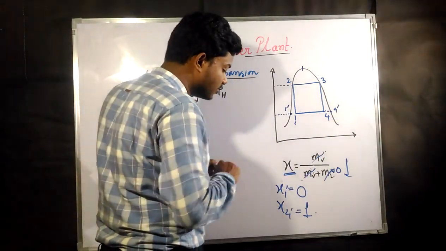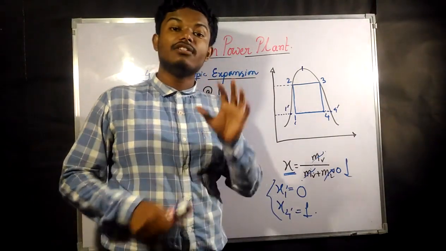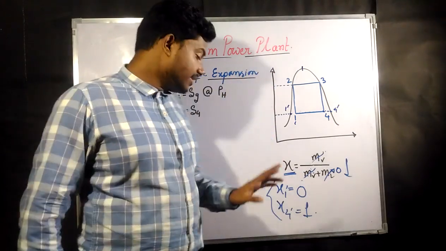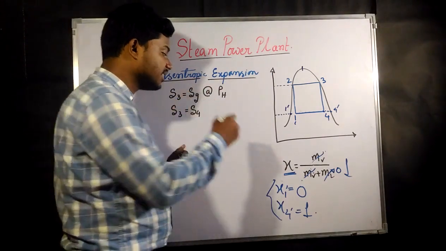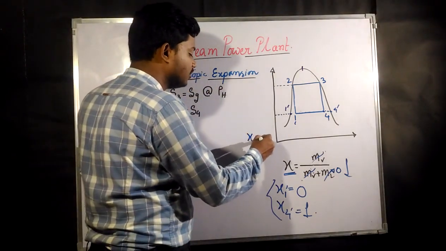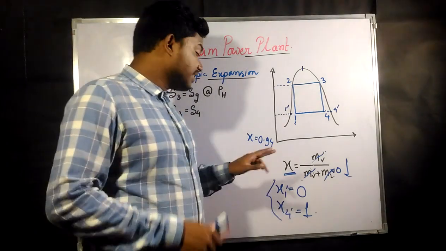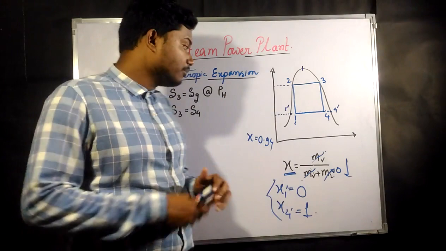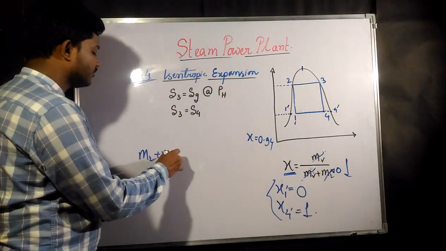Now, what is the dryness fraction? Dryness fraction helps us find out the quality of steam. Whether the quality of steam is good or bad is defined by our dryness fraction. If the dryness fraction has a value of 0.94, that means 94% is vapor among the total amount, that is mass of liquid plus mass of vapor.